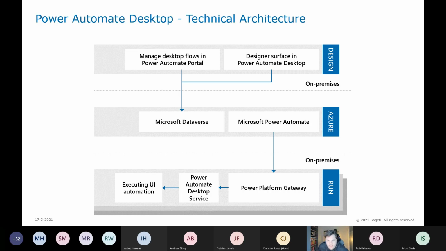Then, from Power Automate, you can trigger your Power Automate Desktop process, and it will run through the Power Platform Gateway, and it will use the Power Automate Desktop service to execute your automation. So it starts from on-premises, goes into Azure, into the cloud, and then goes into on-premises again when you start running your process.